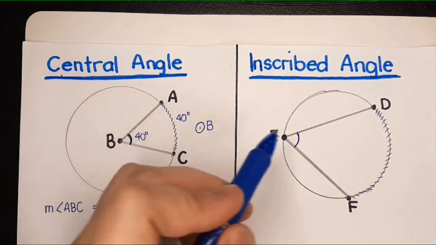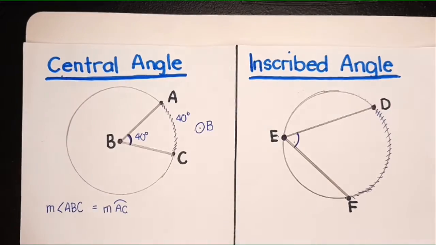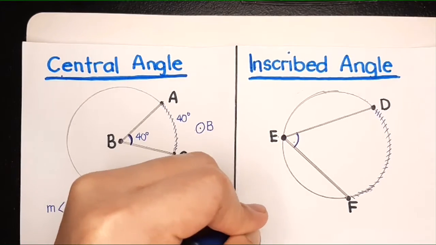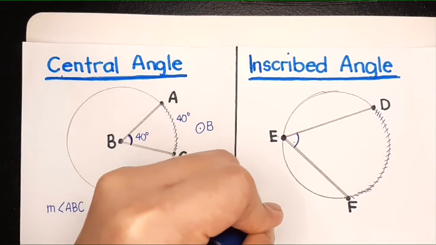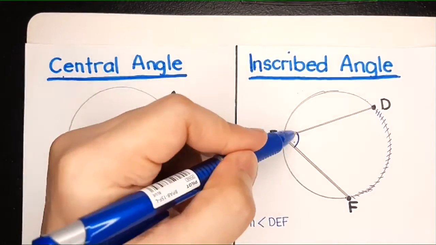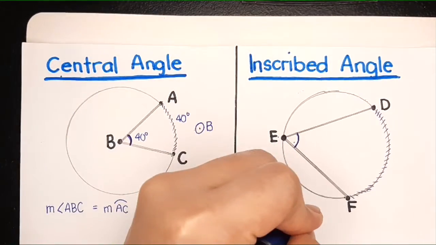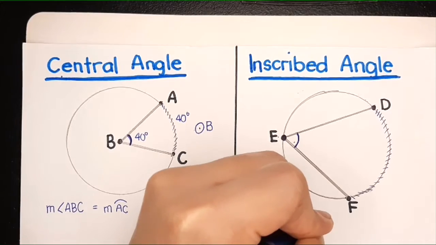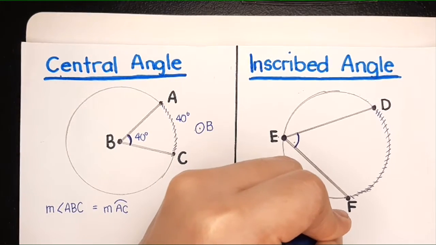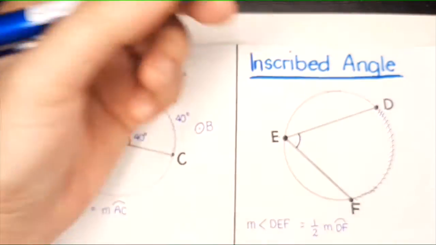Ganito ang relationship nung angle and its intercepted arc kapag inscribed. Okay? So, let me write. The measure of angle DEF, where is that? Here. Okay? Is equal to 1/2 of the measure of arc DF. Okay, of the intercepted arc.